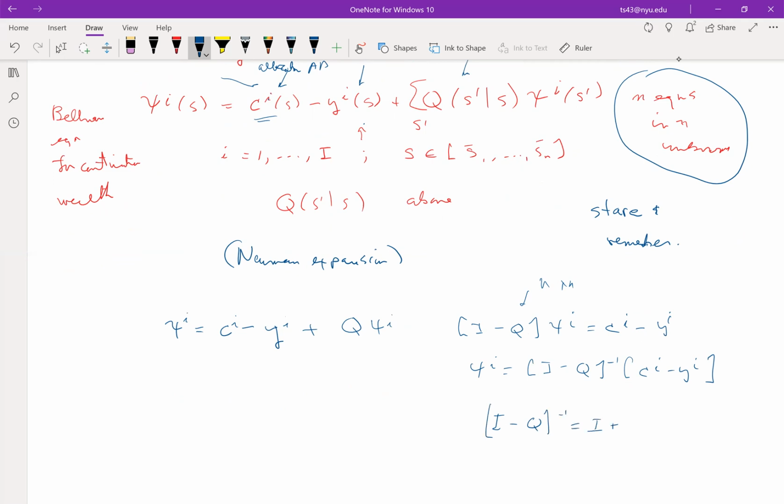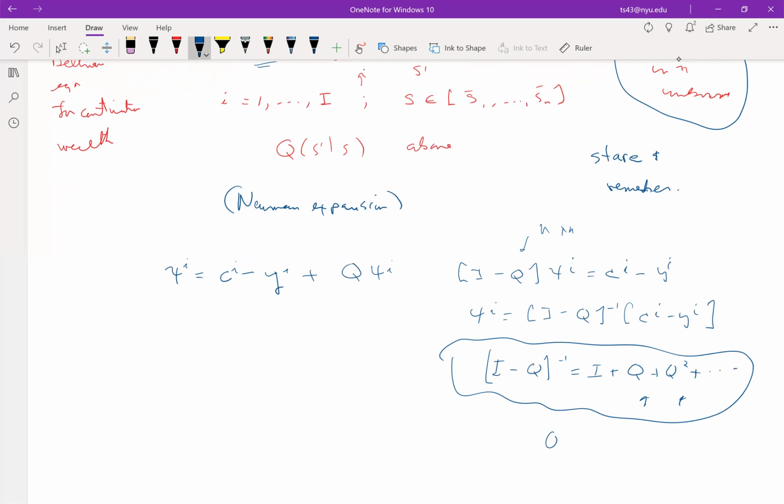And the Neumann expansion, under proper conditions, is I plus Q plus Q squared plus and so on. These terms actually have a nice interpretation, which I'll briefly mention. Q is this one-step-ahead pricing kernel. Q squared is the two-step-ahead pricing kernel, then the three-step-ahead pricing kernel, and so on.